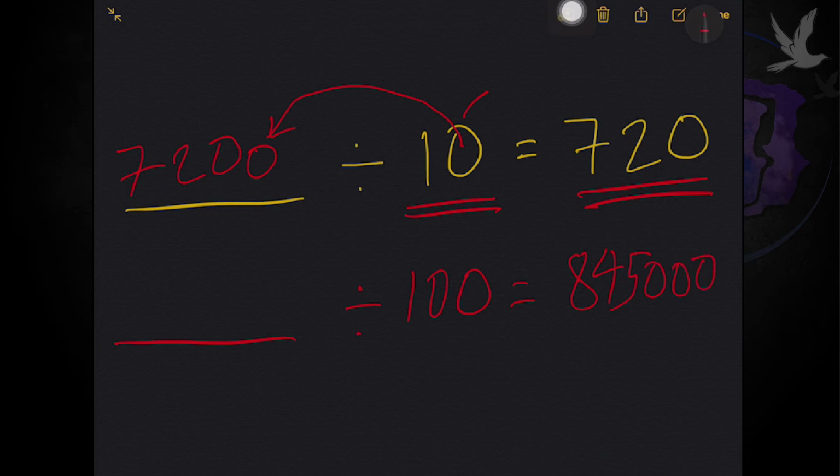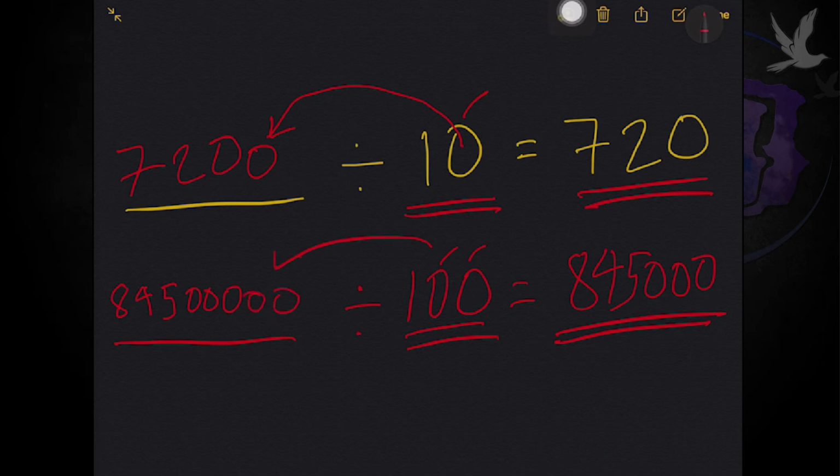Another example. Okay. We have blank divided by 100 is equivalent to 845,000. So what's the technique again? All you have to do is just to copy your quotient here, 845,000, and then look at your divisor, which in this case has two zeros, which will be transferred here, 1, 2.